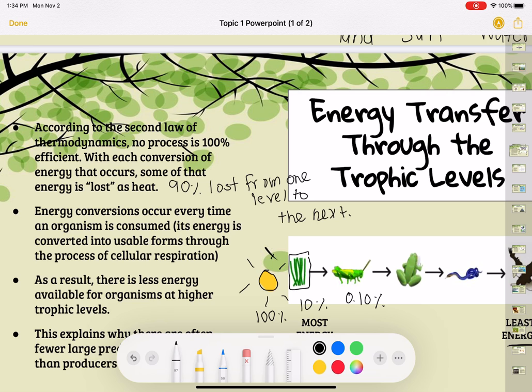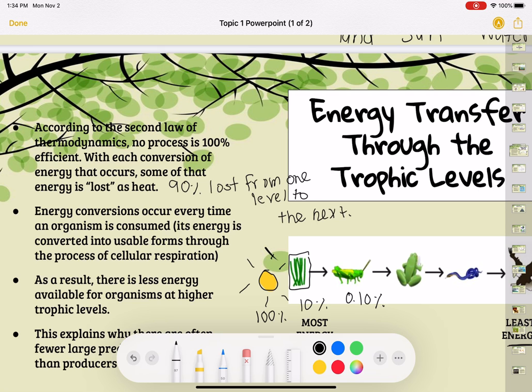So what's left over if some top predator came along and ate you, well, they're only going to gather about 10% of the energy that you ate in your entire life. That's probably a lot of energy, but not a lot in the sense that we've lost 90% of the energy put into you.